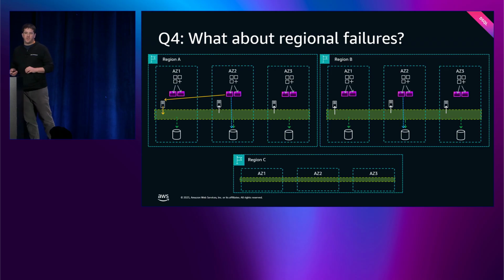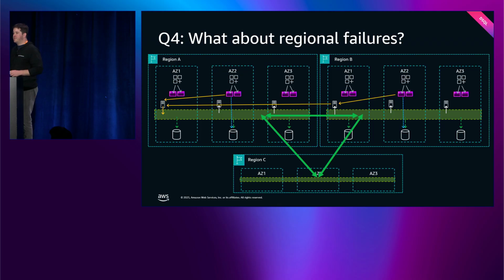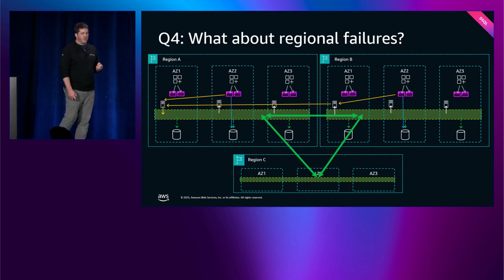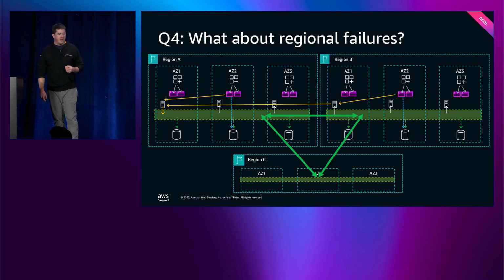The job of the witness region is simply to have a copy of the journal for reasons that we'll get to in a moment. Once you do this, DSQL is going to peer these journals together using a quorum-based protocol, and then our application can continue to be active even across regions. So here you can see we have our application in region A, AZ2, our application in region B, AZ2, and they're both able to do writes.